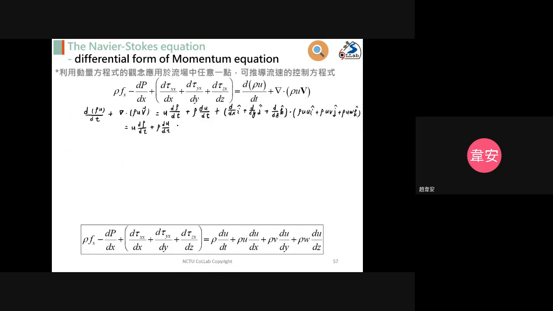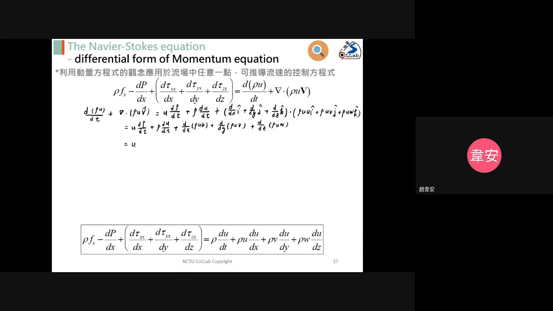So there is the plus i for the d/dx, and the inside is rho u, and the j item is plus d/dy, and the inside is rho v, and plus the k item is d/dz, and the inside is rho w.